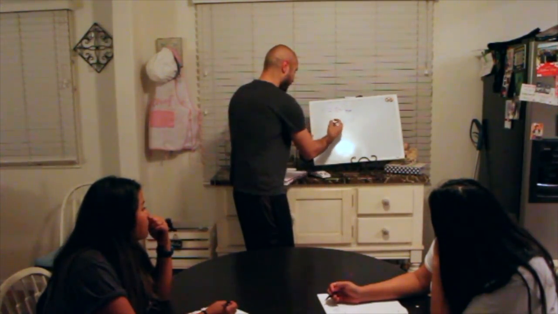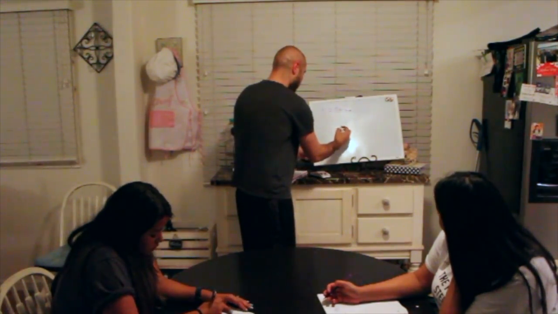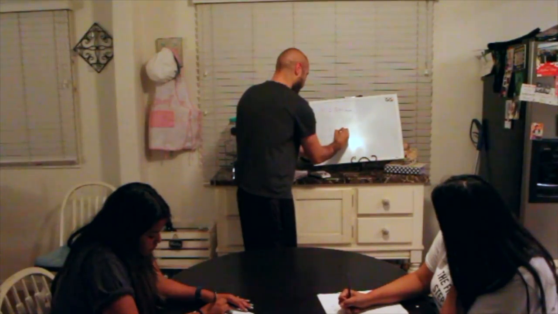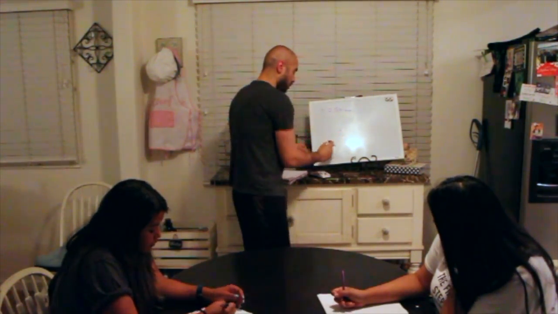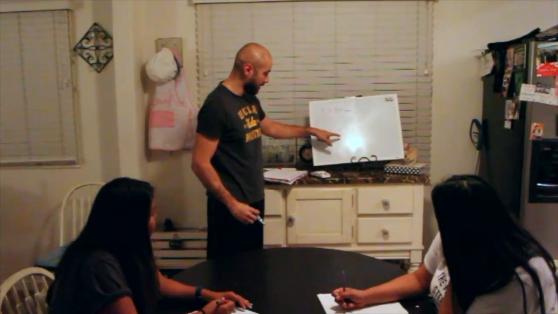So let's do a little example. On the first frame, I got a strike, and then my second frame, I got 4 and a 2. So in order to keep score, I have to know what my first frame is, and then we add that on to this number right here, and that's my second frame. Okay.